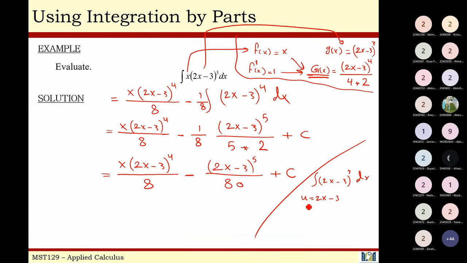So we have du, then dx equals du over 2. So we have u to the power 3 times 1 over 2 du. So this is equal to half u to the power 4 over 4. This is 8. Okay, this is 8, sorry. And u to the power 4 equals (2x minus 3) to the power 4. Any question?